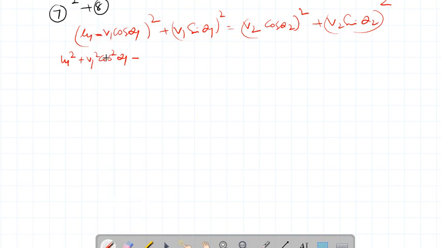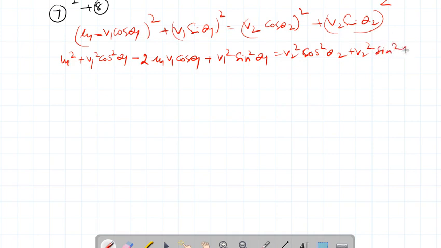So it is a square plus b square minus 2ab, so it is 2 into u1 v1 cos of theta 1 plus v1 square sine square theta 1 is equal to v2 square cos square theta 2 plus v2 square sine square theta 2. So I can club these two terms together and these two together.